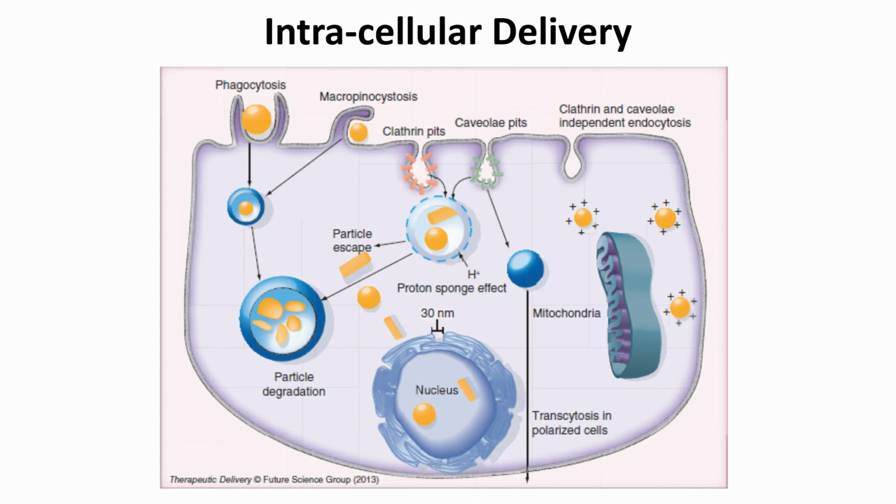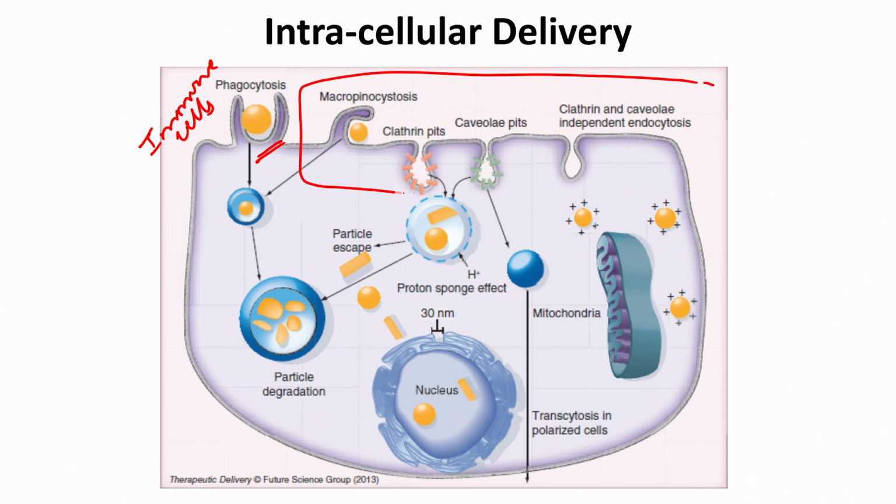There are several ways through which they take up large molecules like particles. This could be phagocytosis, mostly present in immune cells, and the rest of the pathways defined here are shown by nearly all types of cells.